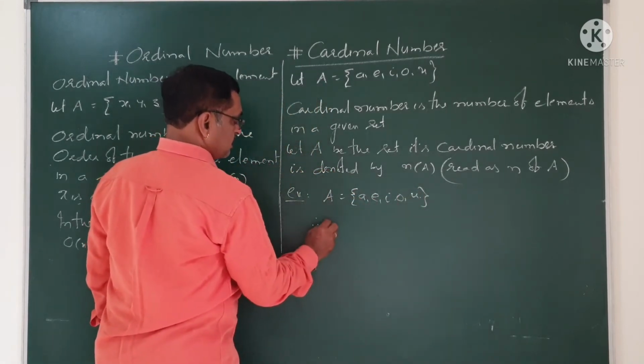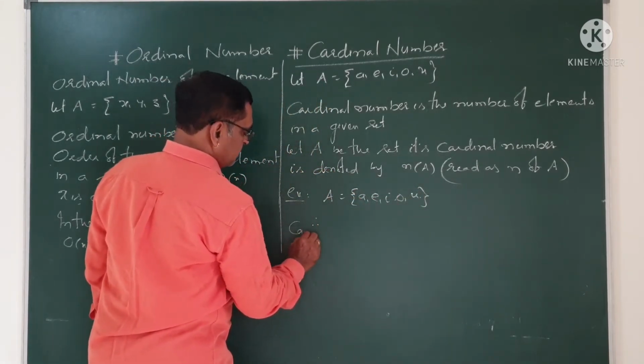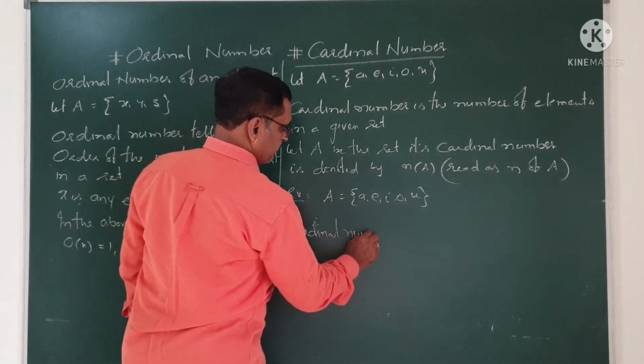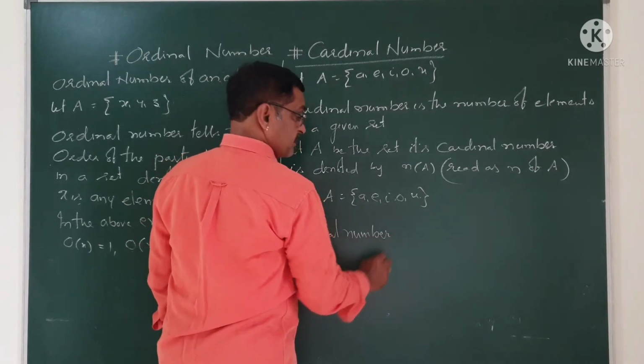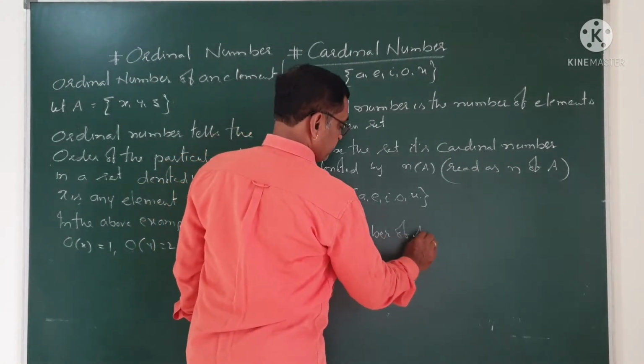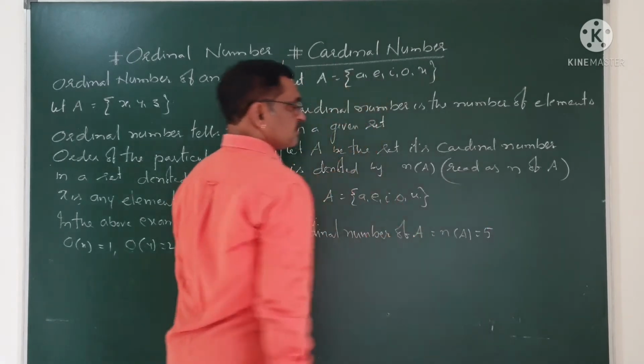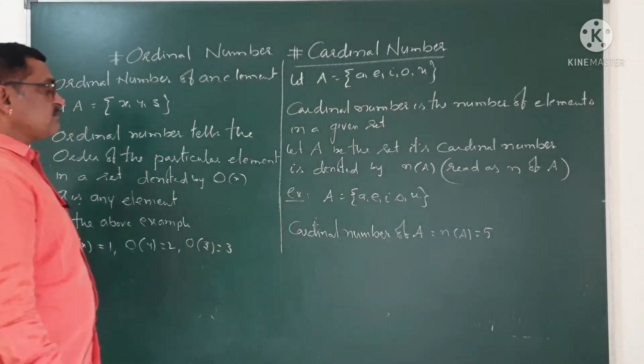Therefore, cardinal number of A, n of A, is equal to 5. Please note down.